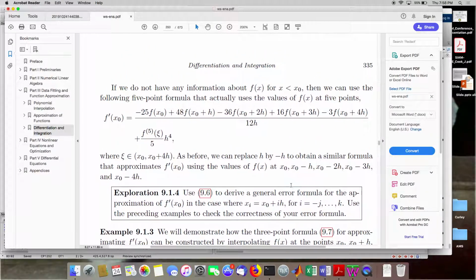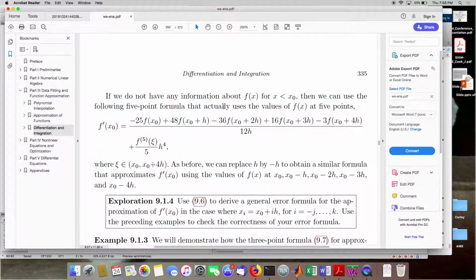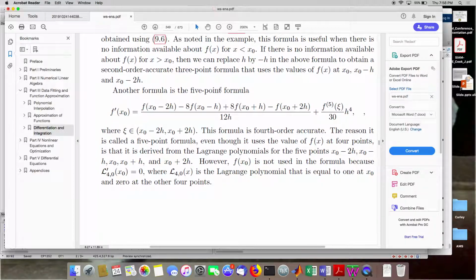I have examples for the first derivative. Like here's one that uses 5 points for a first derivative. So it uses x naught and plus h, 2h, 3h, and 4h. And that's fourth order accurate. Whereas this one uses f of x naught plus and minus h and plus and minus 2h. 4 points, because we don't need f of x naught because of symmetry.